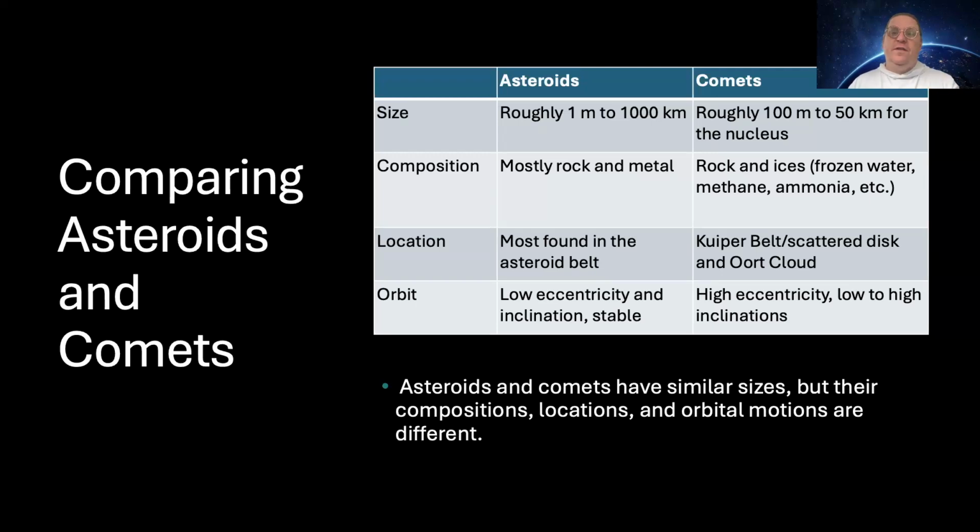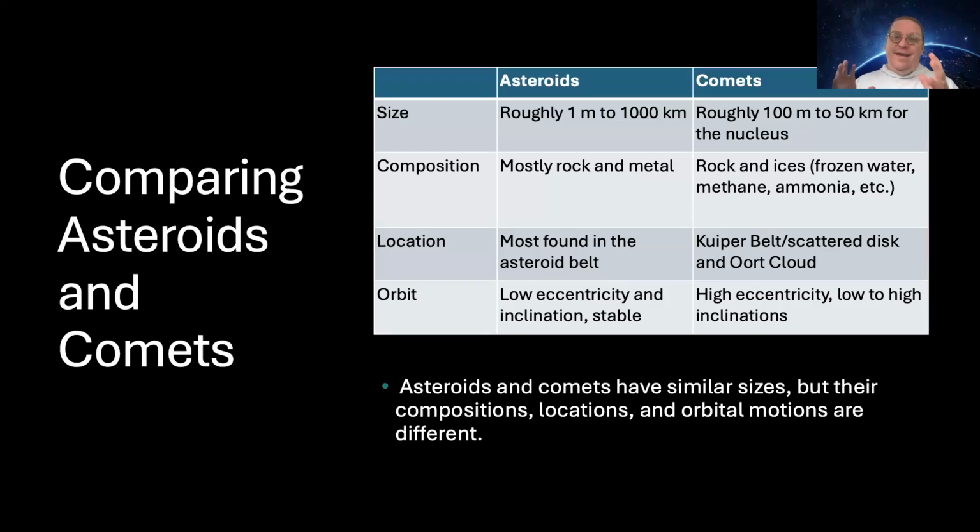Bodies that are smaller than a meter are extremely hard to detect, so there are probably millions, if not billions, of asteroids that are less than a meter, but we just can't observe them. So, roughly speaking, of the observable asteroids, they're between 1 to 1,000 kilometers. Oh, sorry, not meters, kilometers.